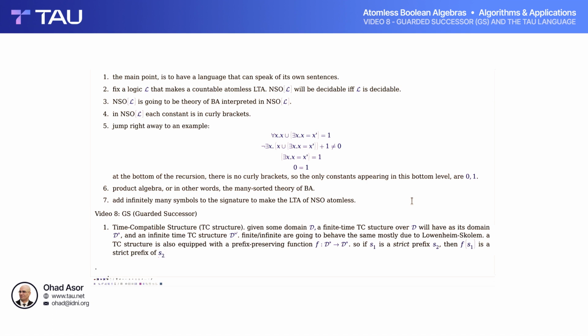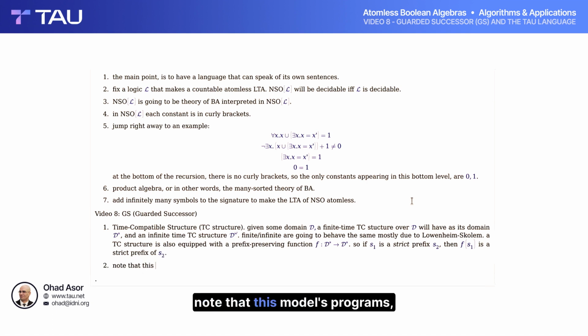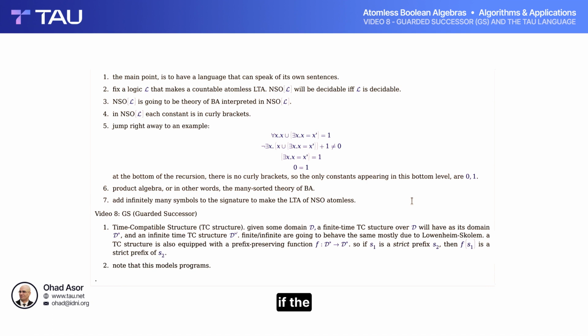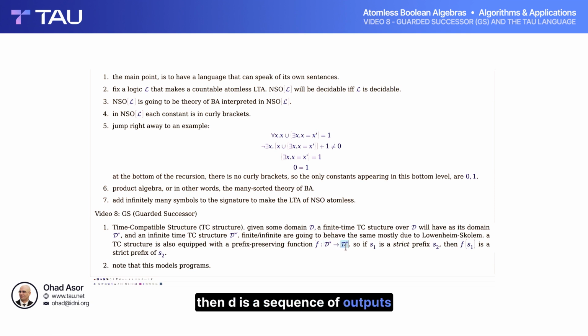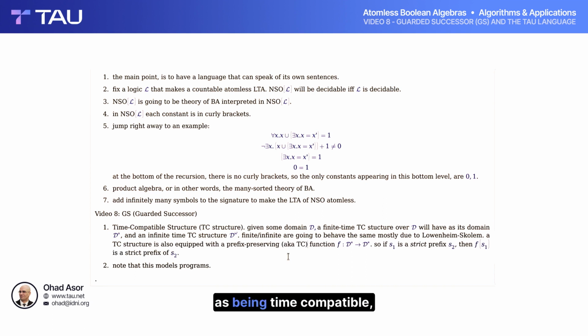Now, first, note that this models programs. If the input of the function f is the sequence of inputs to the program, then the output is the sequence of outputs of the program. And the time compatibility requirement, prefix preserving, which I will refer to interchangeably as being time compatible, simply means that current output does not depend on future input, like in any program.